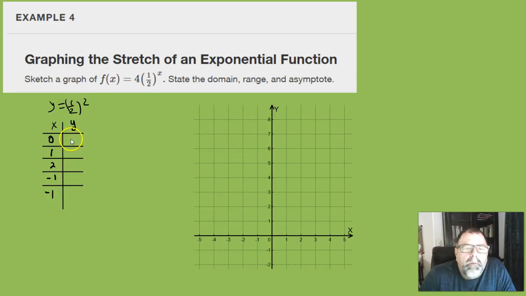So we've got 1/2 to the x. 1/2 to the 0 is 1. 1/2 to the 1 is 1/2. 1/2 squared is 1/4. 1/2 to the -1 is 2. 1/2 to the -2 is 4. And then I'm going to times it by a. y equals 4 times 1/2 to the x, so I'm going to times this by 4.